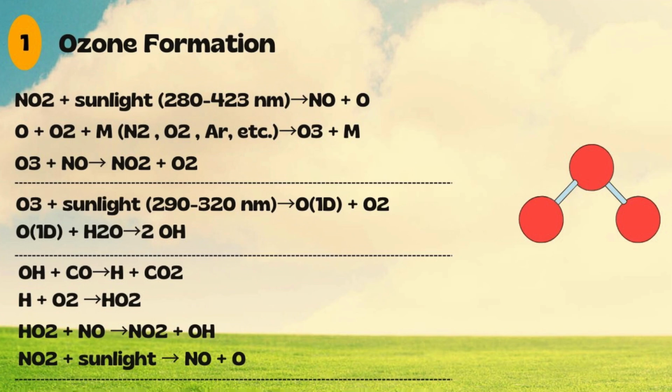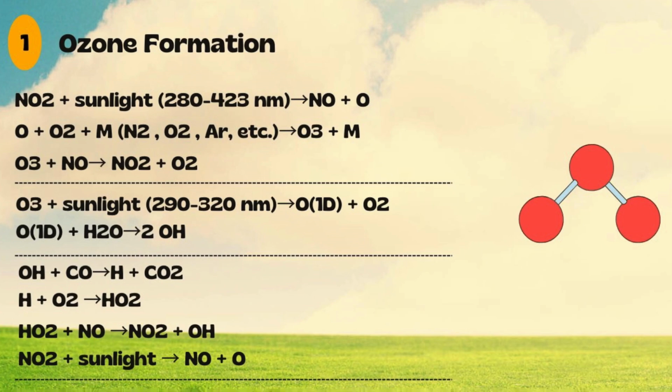Actually, Professor Arie Haagen-Smit, a biochemist at the California Institute of Technology, was the first to show that placing automobile emissions containing nitrogen oxides such as nitrogen oxide and nitrogen dioxide and unburned hydrocarbons in the presence of sunlight would produce ozone and eye irritants such as formaldehyde.